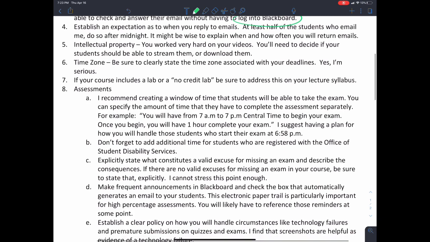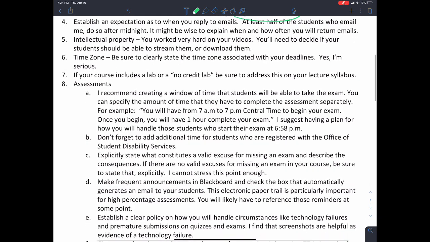So to that point about emails, it might be a good idea to establish an expectation as to what your time frame is for replying to those emails that you get. More often than not, I get students emailing me from midnight to 4 in the morning, sometimes 2 and 3 times between midnight and 4 in the morning.